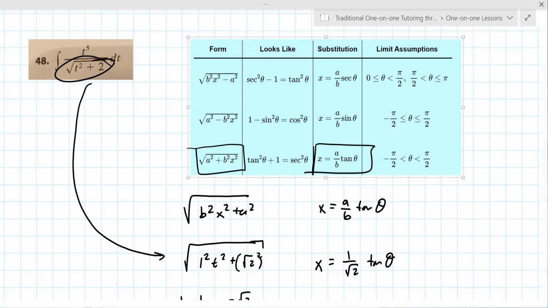So if you want to do 51, just get the right substitution. Figure out which one it is, get the right a and b, map it to yourself until you've got it. And then the rest is just squaring and substituting and a few other things, but you've got to get this down to move forward.